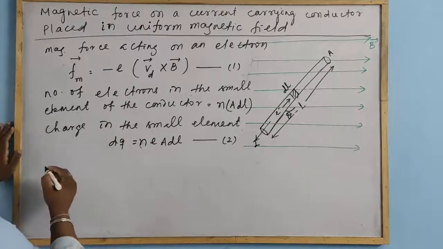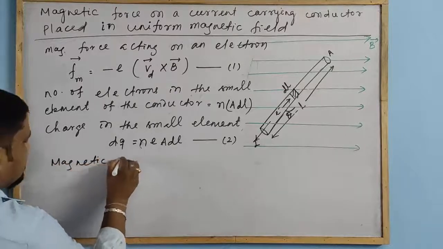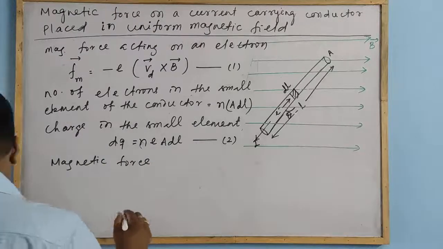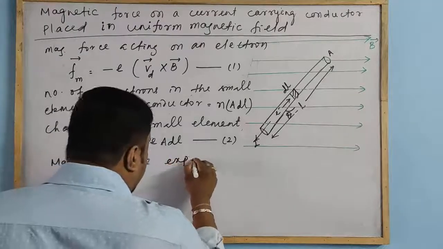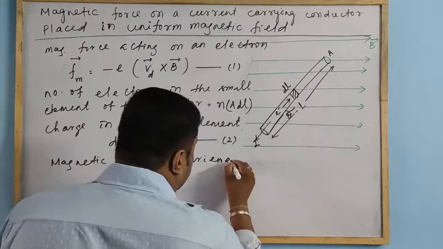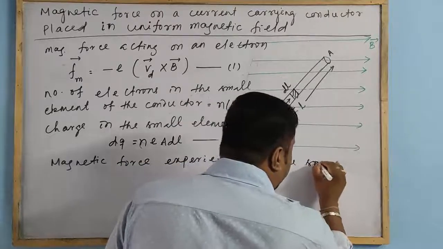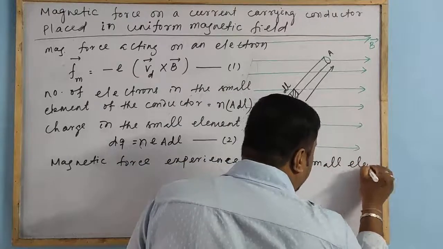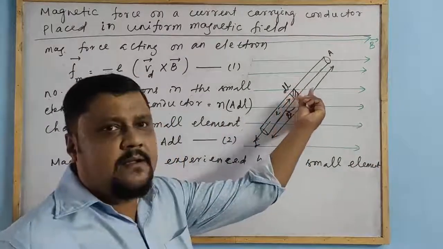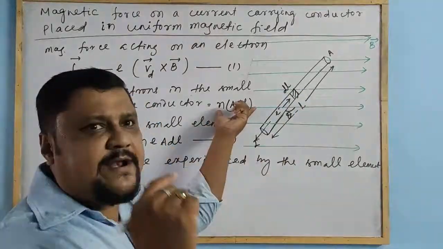So the magnetic force experienced by the small element, as I have already told, in this small element, what is the number of electrons? This much of electrons. Each electron experiences force how much?